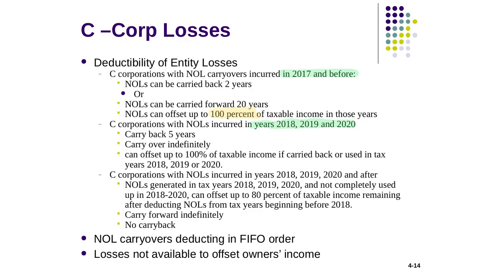And whenever you carry it, either back or forward, you can offset up to 100% of the taxable income if carried back or used in tax years 2018, 2019, and 2020.